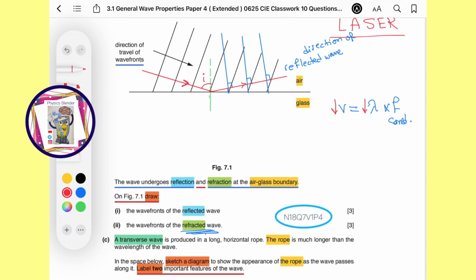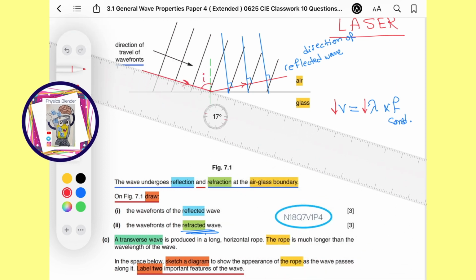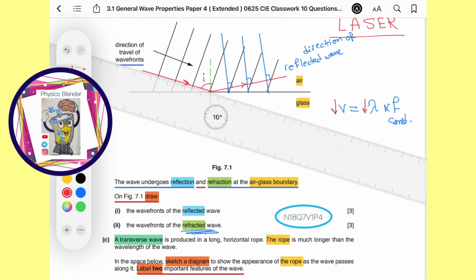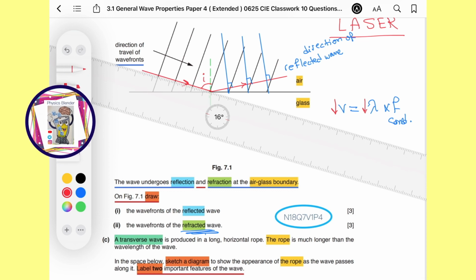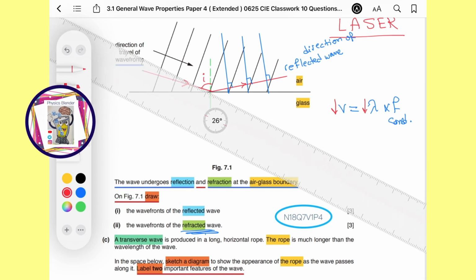Okay, so now this incident direction of wave travel will not continue in the same straight line. It bends towards the normal.